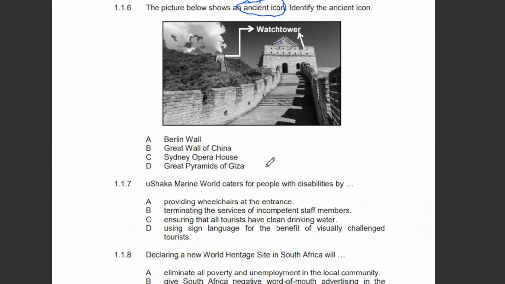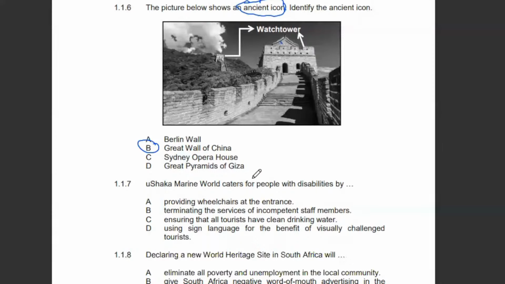All right, let's try to eliminate the wrong answers then. It cannot be the Berlin Wall because the Berlin Wall was only built after the Second World War. So the Berlin Wall cannot be an ancient icon. Let's move on to B. The correct answer would be, it actually shows the Great Wall of China.